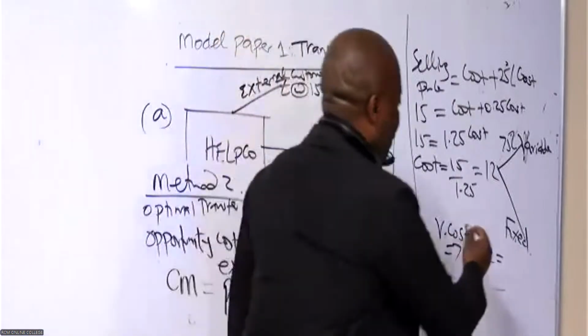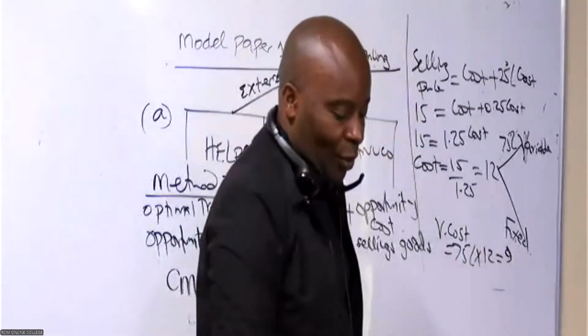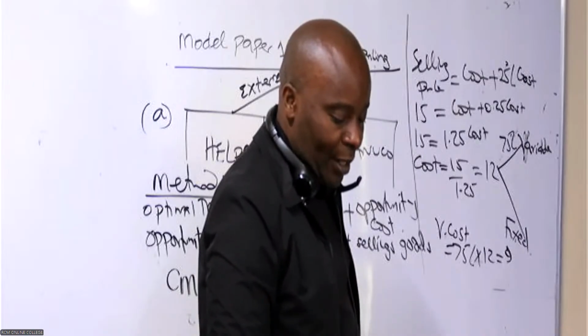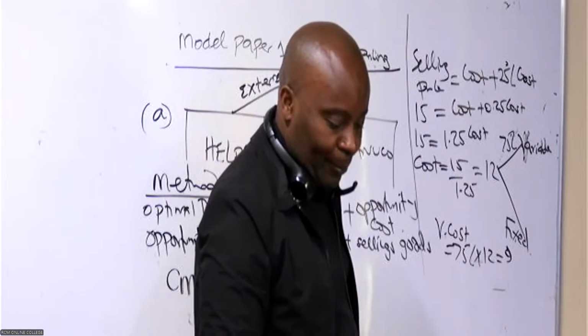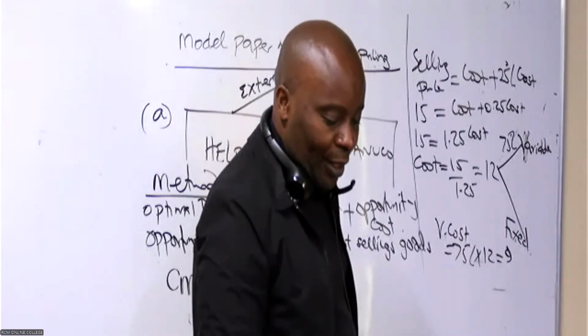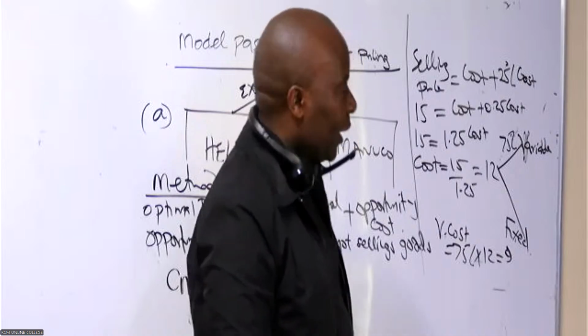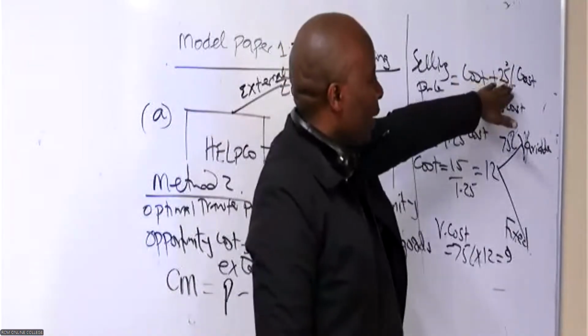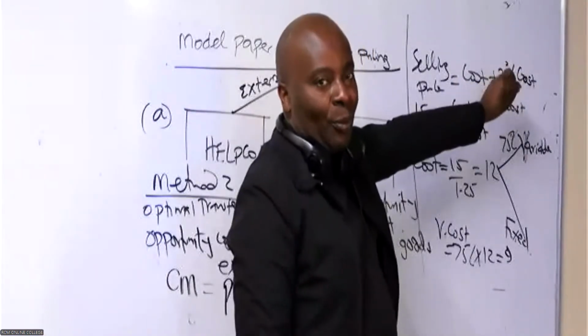9. Somebody is asking why 1.25 and not 0.25. Selling price is cost plus the profit, and the profit is 25% of cost, your 0.25.